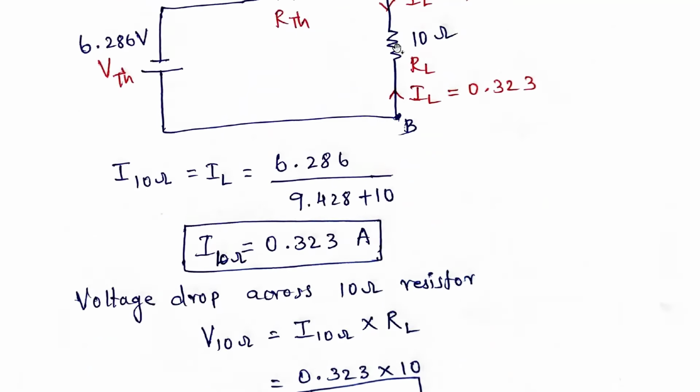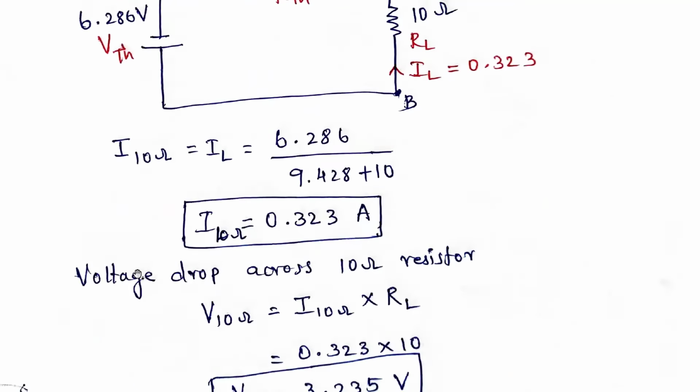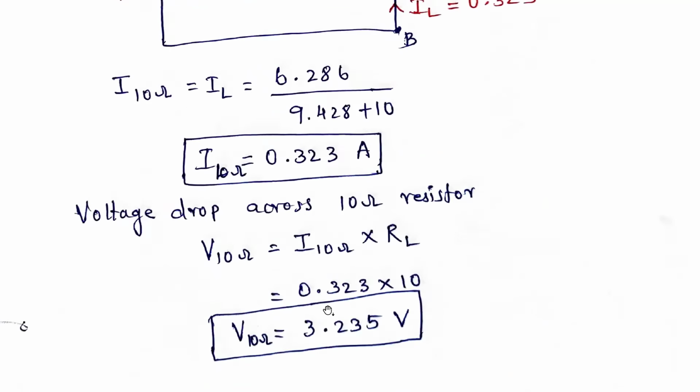RL means the 10 ohms. So I 10 ohms, already calculated as 0.323, into RL, 10 ohms. If you multiply, we get 3.235 volts. This is the voltage drop across the 10 ohm resistor, and this is the current flowing through the 10 ohm resistor.